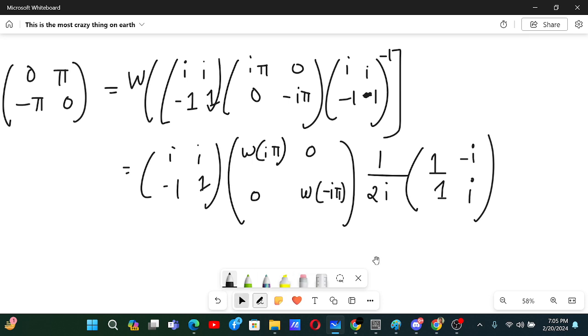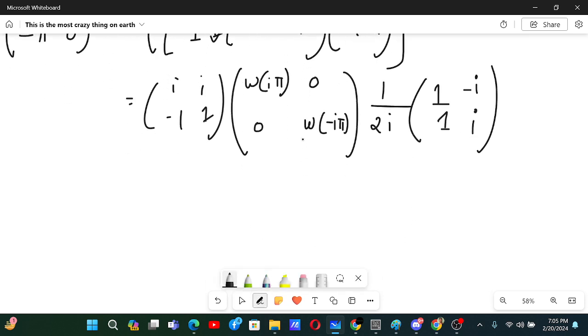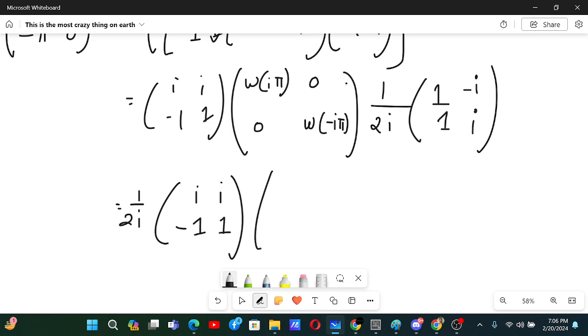Okay, now after this we can just take 1 by 2i at the front because this is a constant, and then i, minus 1, i, 1, and multiply this.